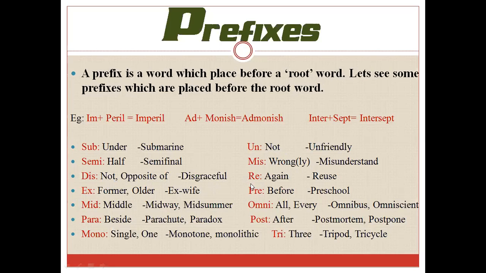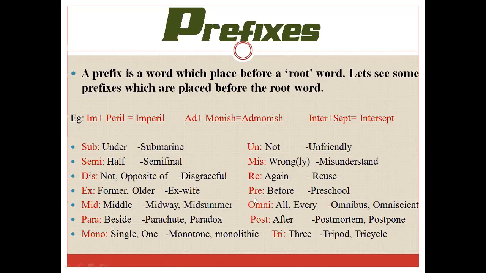And re means again, do something again. So reuse means doing something a second time. For example, try where possible to reuse paper. And next, ex means former or older, like ex-wife, we can say.